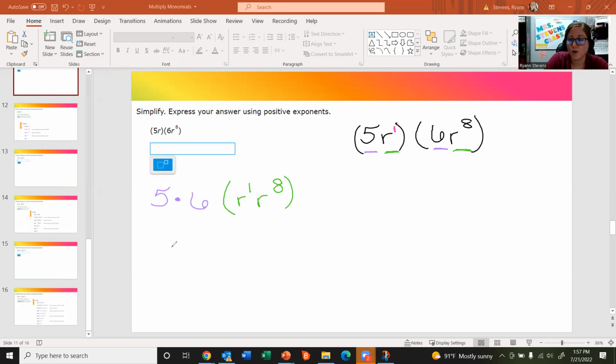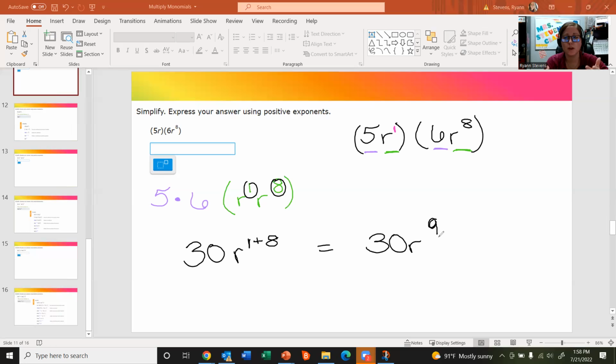We would just multiply our coefficients. 5 times 6 is 30. And then we could write this as r. We would add these exponents together because the base is the same. So 1 plus 8, and that would give us an answer of 30 r to the 9th power.